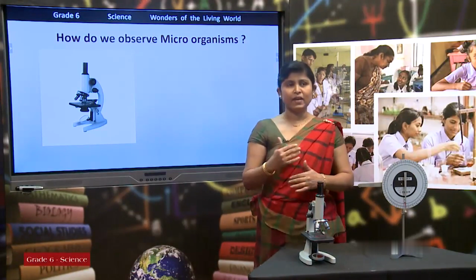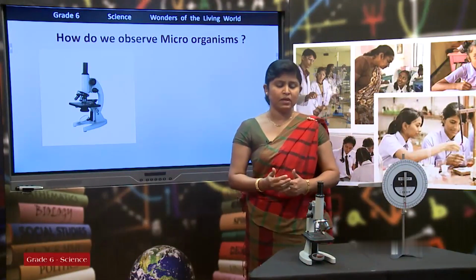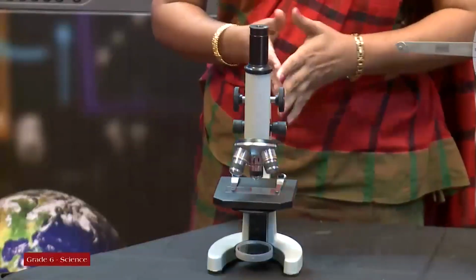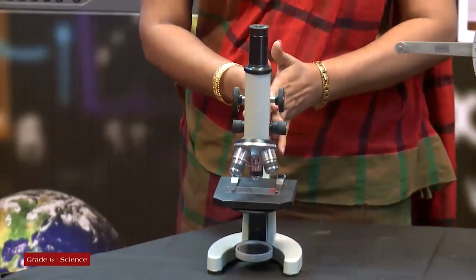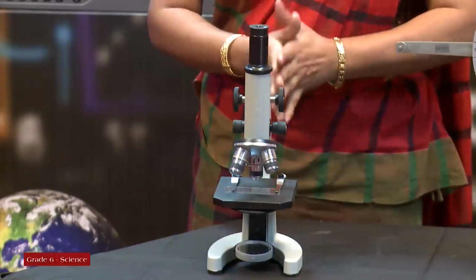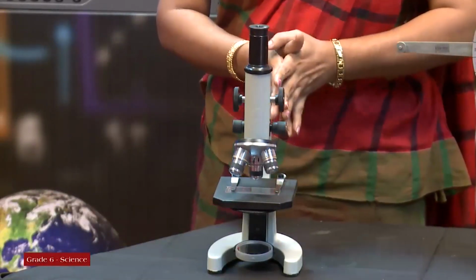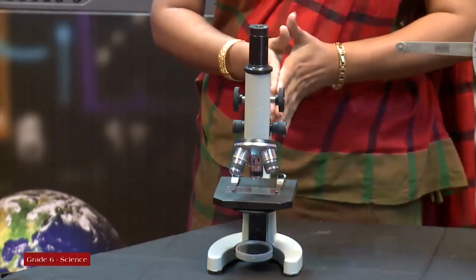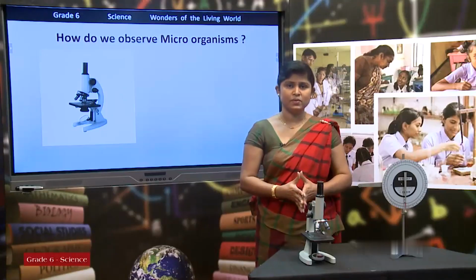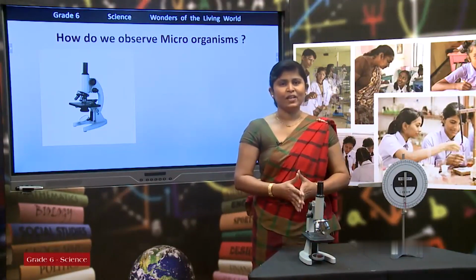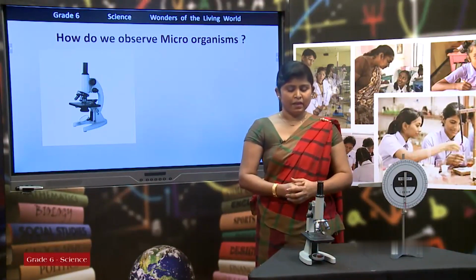In grade 7, you will be able to learn more about handling of the light microscope, but at this moment you have to identify the instrument. It is enough. This is a light microscope, or we call it a compound microscope. We can observe microorganisms using the light microscope. Unfortunately, you are not with me.